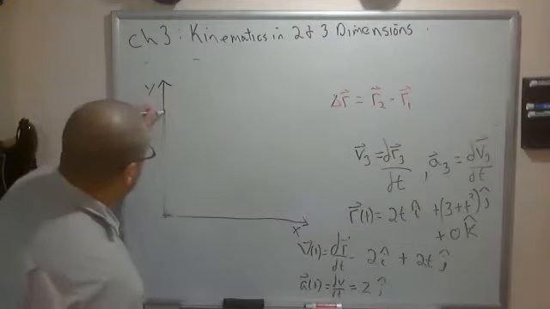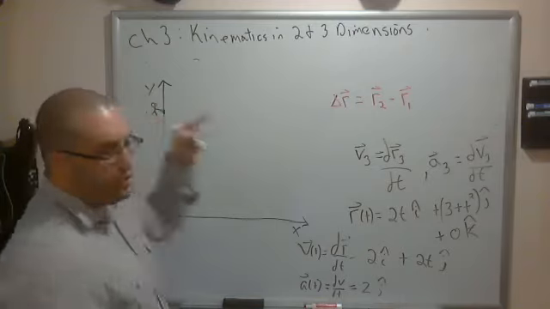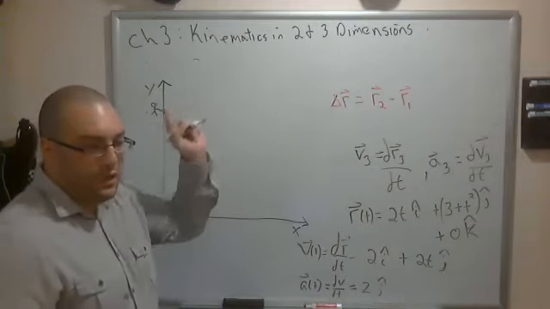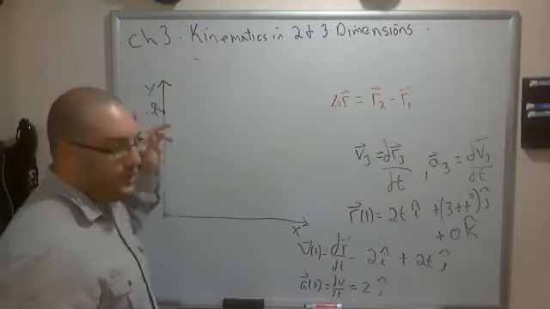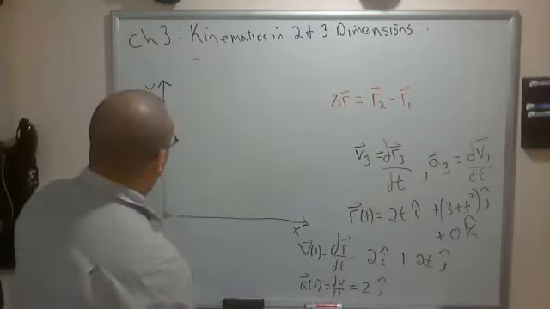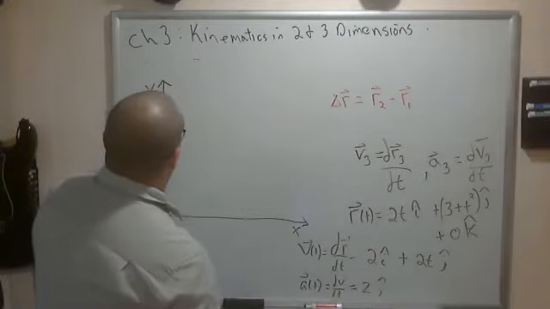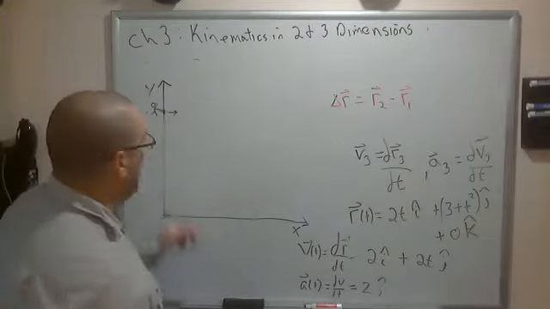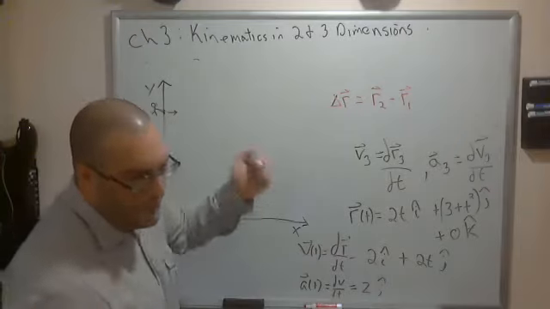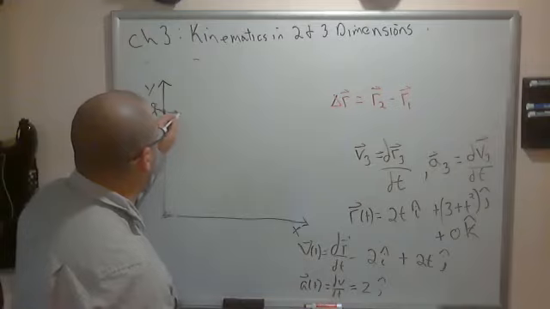Let's assume that we're on a hill and we throw this ball horizontally, so we don't give it any initial velocity in the y. We just throw it straight out. Initially all its velocity will be in the horizontal direction, and then it will start picking up a y component due to gravity. It will start accelerating only in the y.